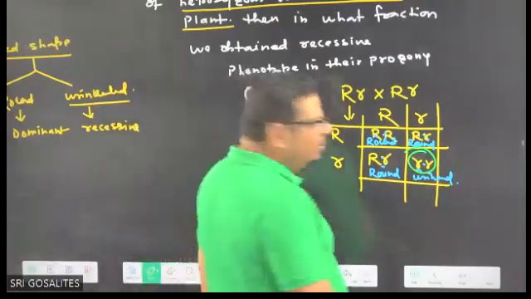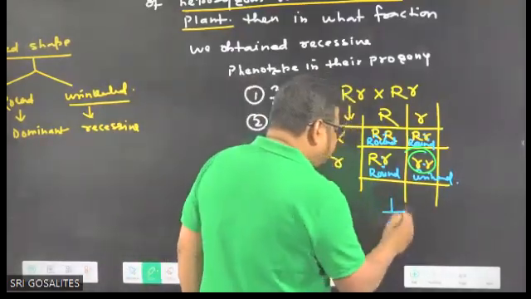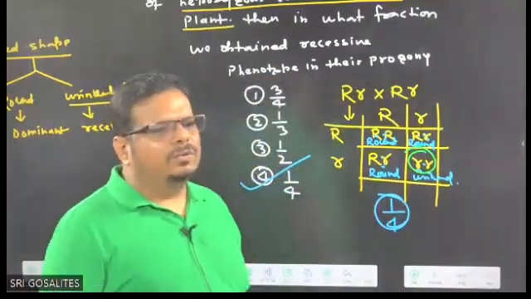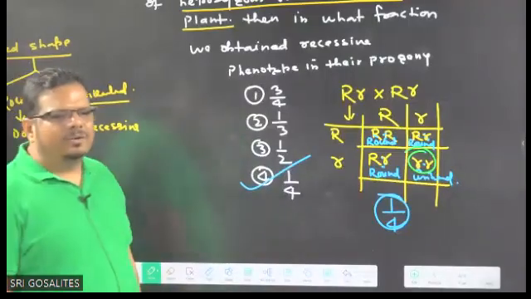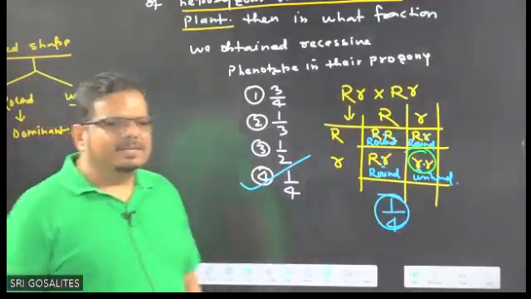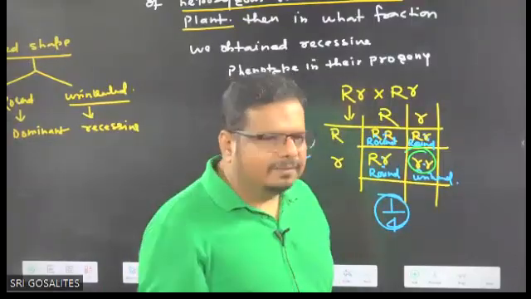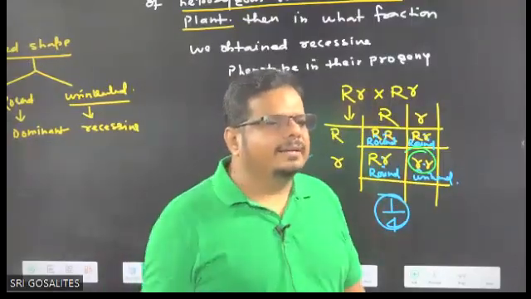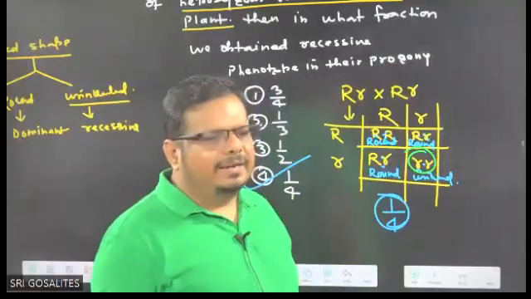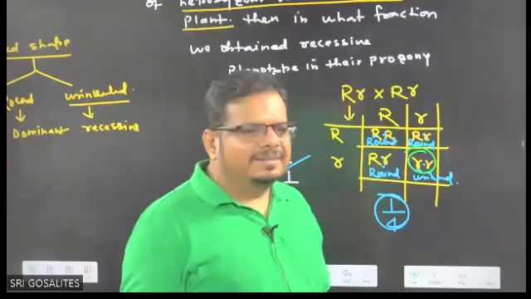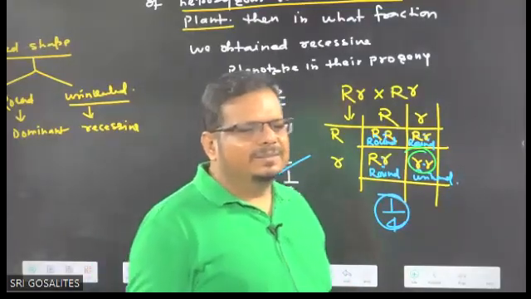Very good. So the answer is 1/4. Anyone have any confusion? Then you can raise your question. Recessive phenotype means wrinkled. Phenotype is how a character appears. The physical appearance of a character is called phenotype. Is it clear? No confusion? Good, very good.